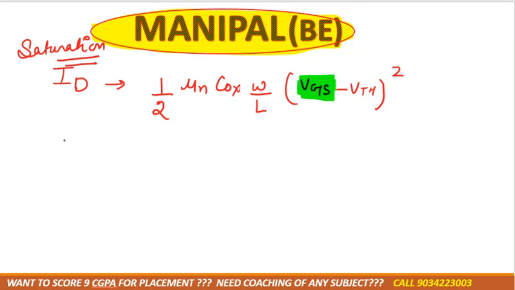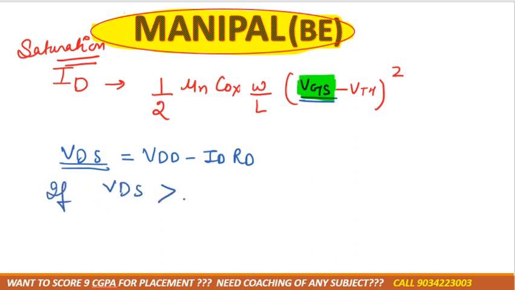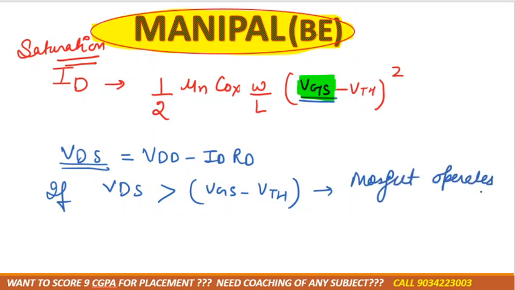Another one was VDS. VDS is the drain to source voltage, and its formula is VDD minus ID RD. Got it? If VDS is greater than VGS minus VTH, then in that case MOSFET operates in saturation region. Okay. This is the condition. Got it?